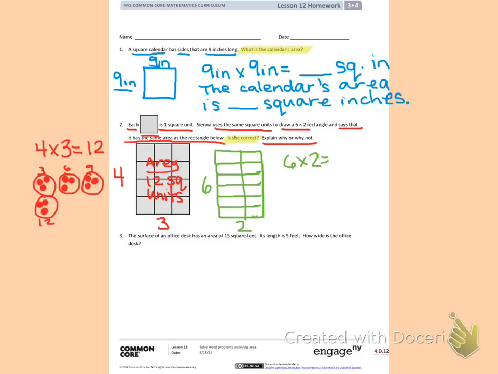If you don't know what 6 times 2 is, you can skip count. There's 2, 4, 6, 8, 10, 12. So 6 times 2, or 6 groups of 2, is 12. So the area is 12 square units.